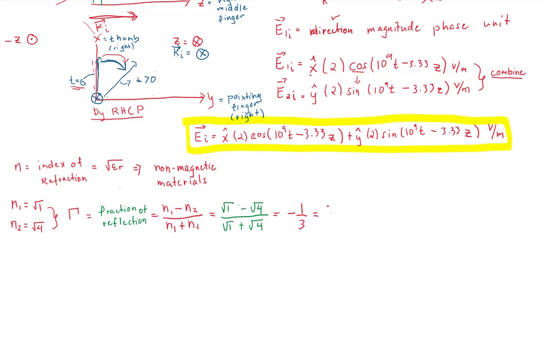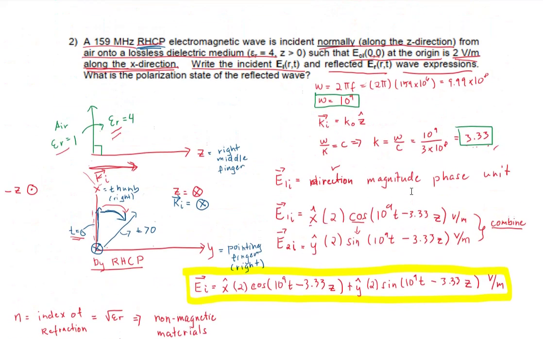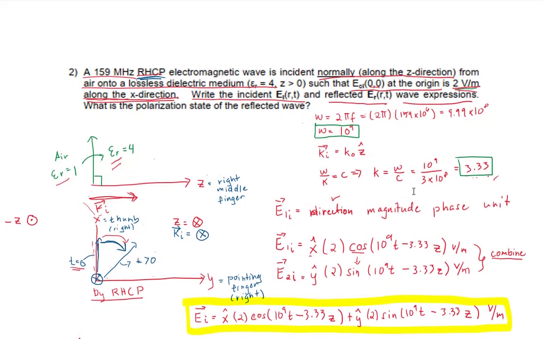Which is also gamma. This gamma over here is equal to this one, right? It's also equal to this relationship, E naught of r over E naught of I. And why is this important? We are going to use E naught of r to figure out the magnitude of our E sub r, or E reflected. Since we are given E naught of I, remember we are given 2 volts per meter over here.